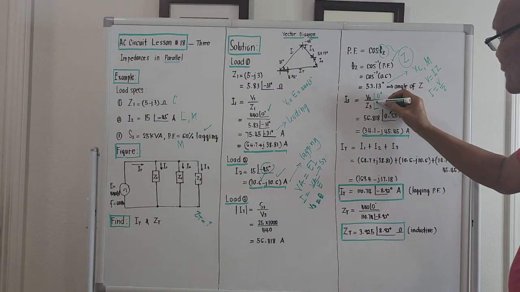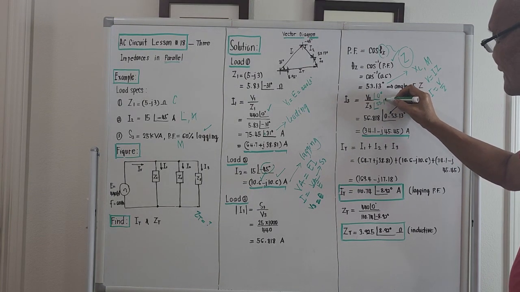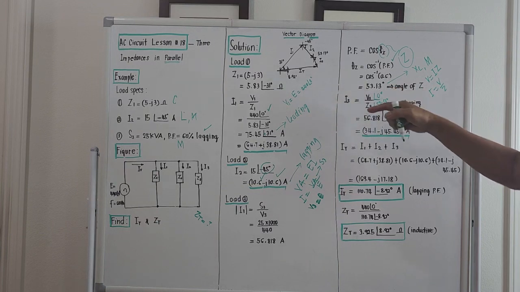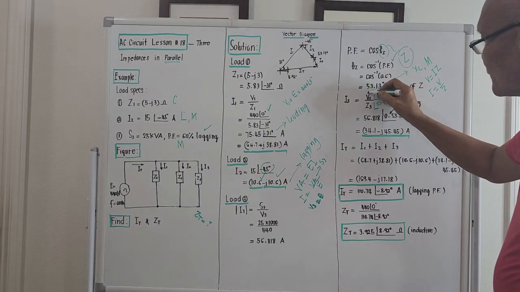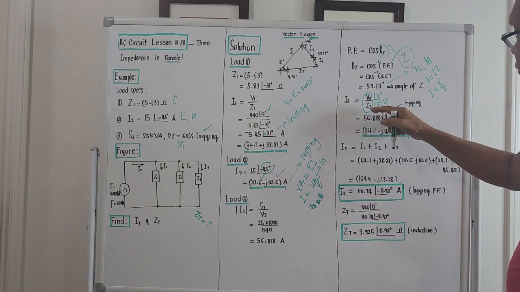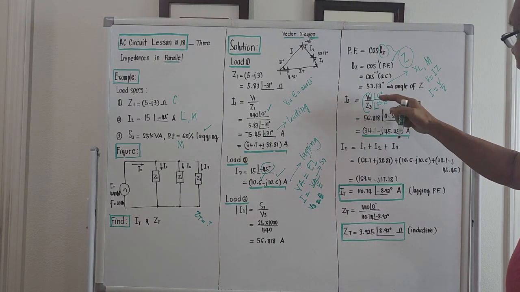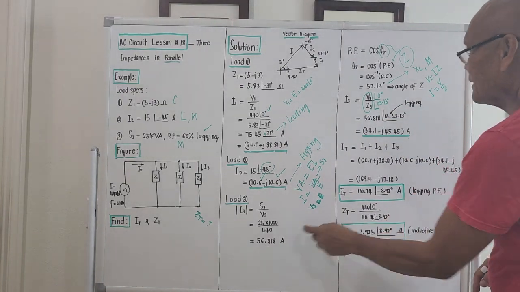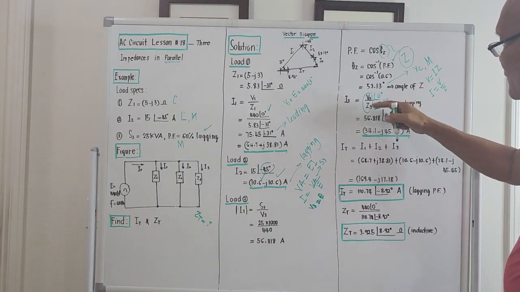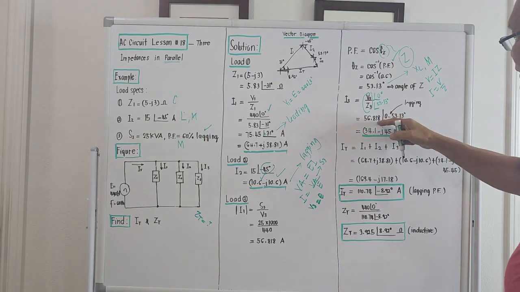It is 53.13 degrees, right? We are performing a polar over a polar, right? We don't have to compute for Z3 because the value of V3 over Z3 is actually 56.818 already. So the ratio V3 over Z3 will be 56.818.